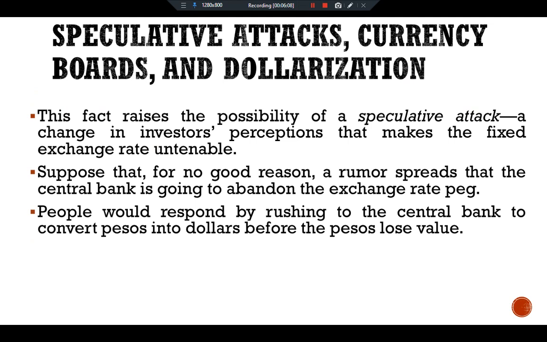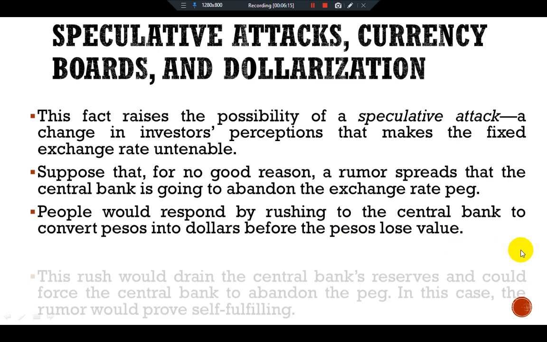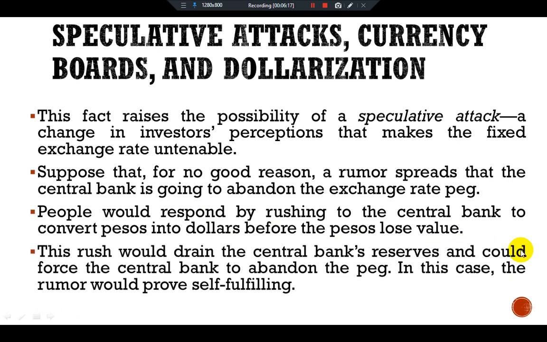People would respond by rushing to the central bank to convert pesos into dollars before pesos lose value. This rush would drain the central bank's reserves and could force the central bank to abandon the peg. In this case, the rumors would prove self-fulfilling.